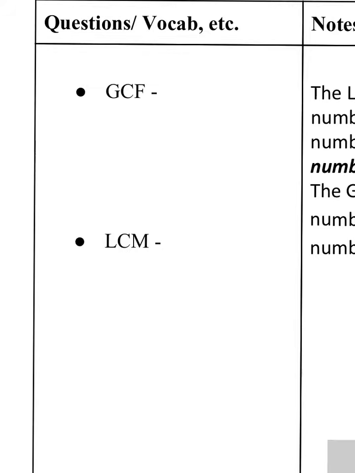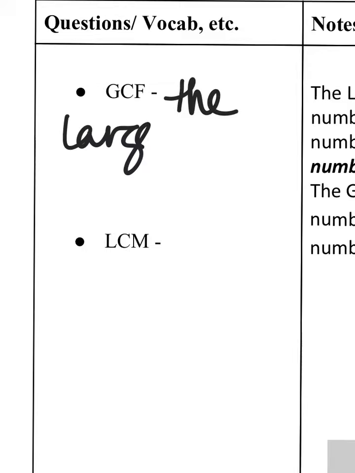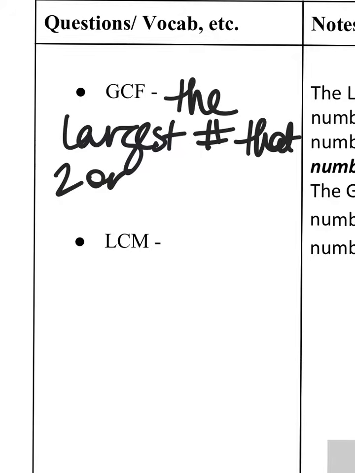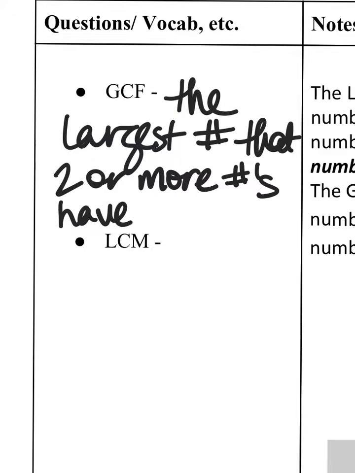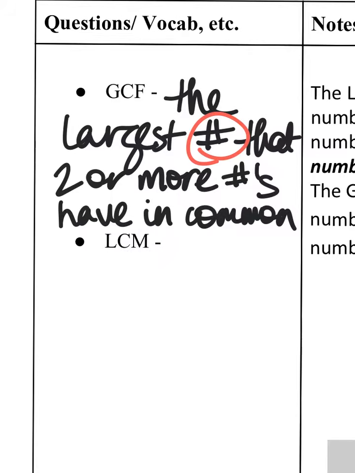That is the largest number that two or more numbers have in common. And actually, another word we're going to use for number right here, now that we know it, is factor. A little small part of a number.